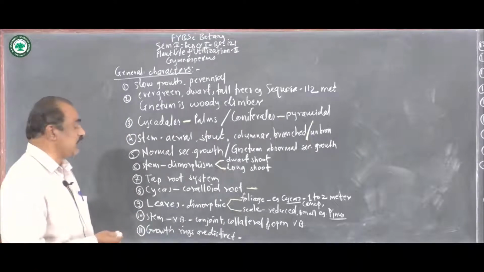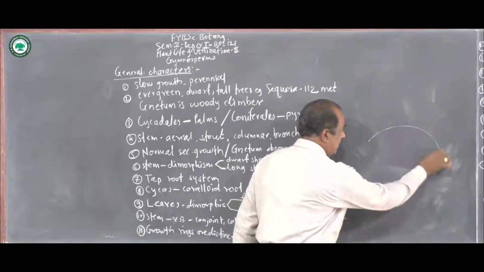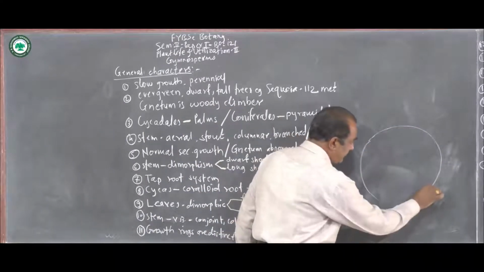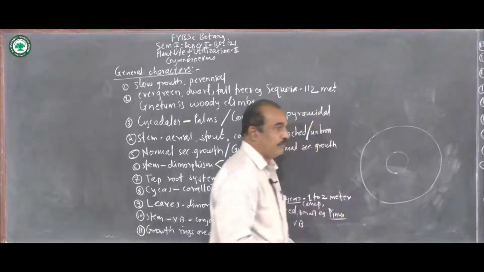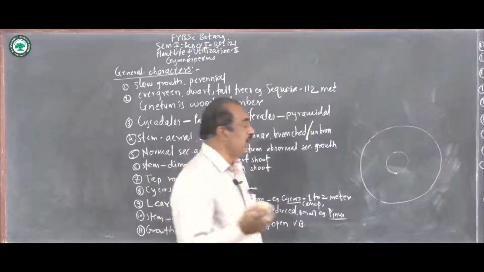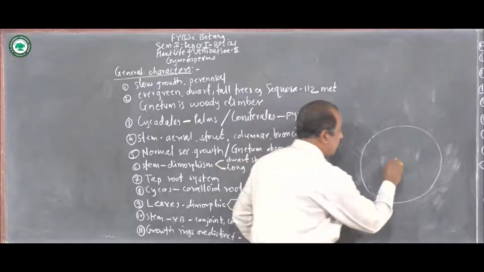Now growth rings are distinct. Growth rings are nothing but the annual growth rings. So if this is the TS of the stem, at the center there is the pith. Pith is small or large, according to that particular plant. And these are the growth rings.